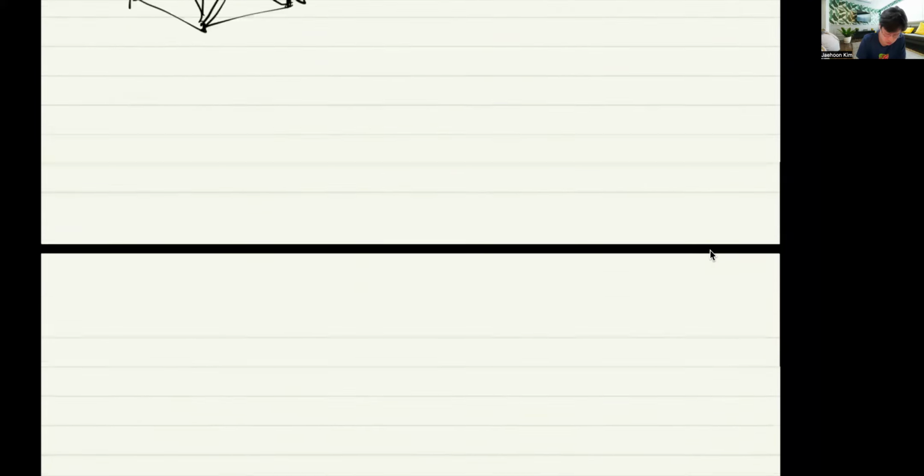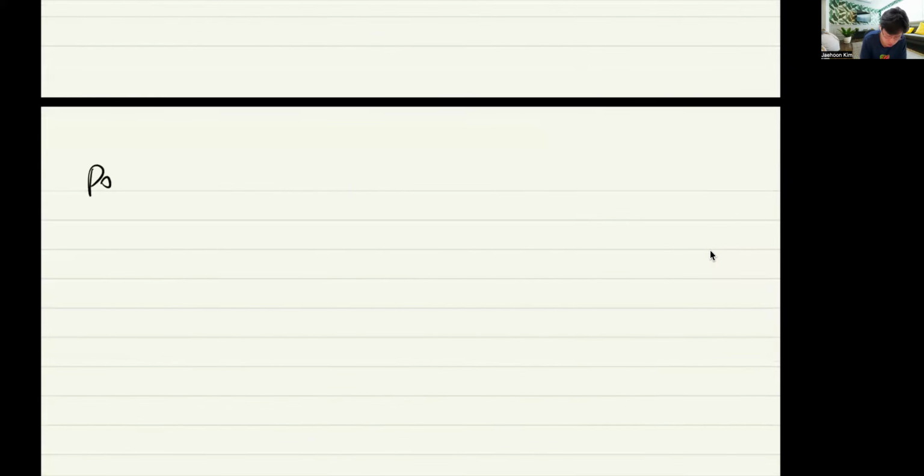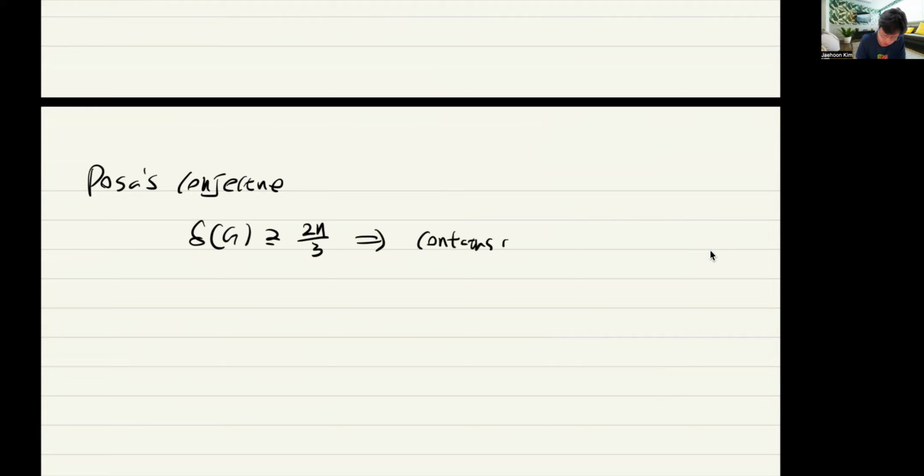And there is a famous conjecture, Pósa's conjecture, which said that if the minimum degree of your graph G is at least 2n over 3, then G contains a square of a Hamilton cycle.